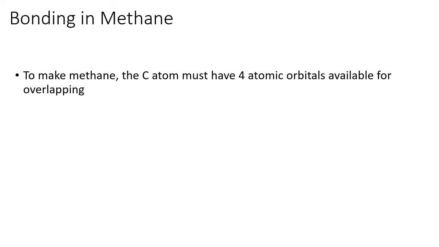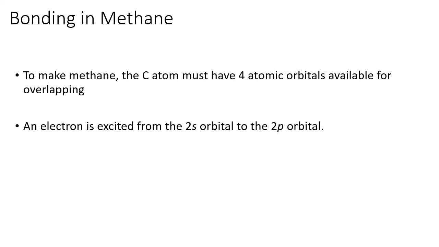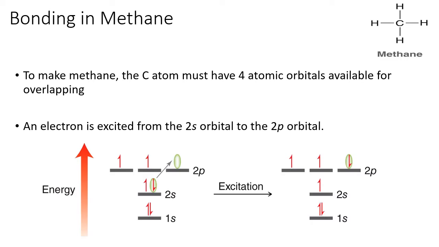So how this will work in order to have those 4 orbitals available for overlap is first we're going to excite an electron from the 2s orbital and promote it up to that empty 2p orbital. So the first step is excitation. Notice by just exciting 1 electron from that 2s, now we're left with a total of 4 half-filled orbitals.